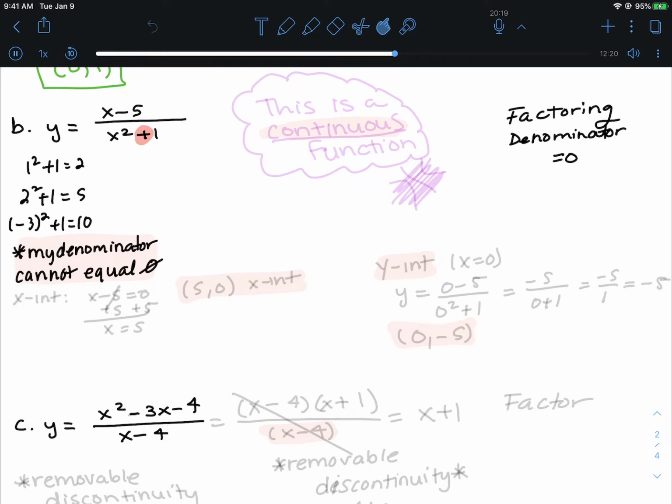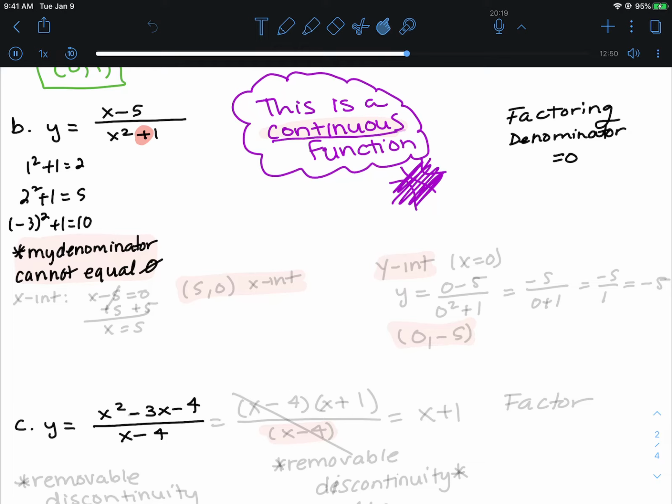That means if my denominator cannot equal 0, then this function is continuous, meaning that you will have no points of discontinuity here. So if I try to graph this, is this going to be like my typical rational function here? No, it's not. I'll try to graph these for you guys later so you can see what these look like visually.